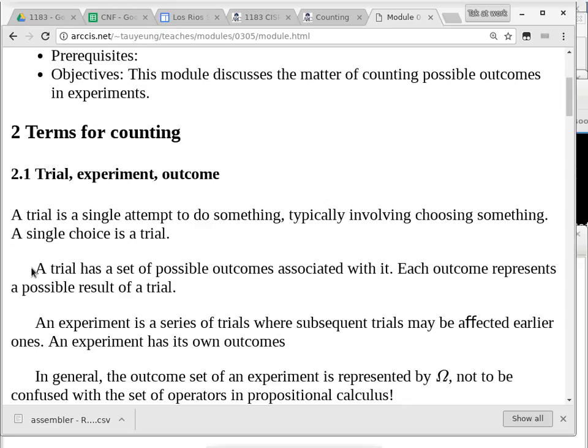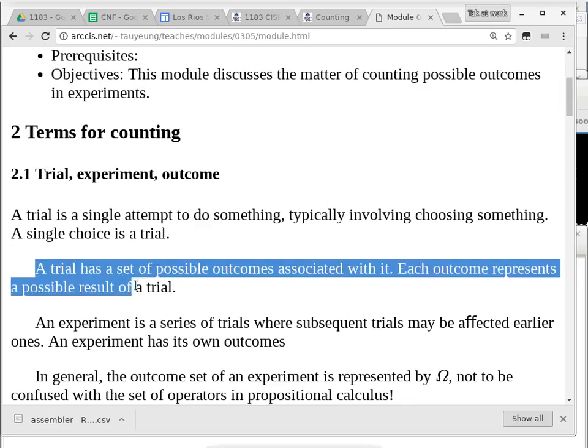So each trial has a set of possible outcomes, and this is what makes it discrete. We know the exact possible outcomes, and it is basically a set of a known size. It cannot be unlimited.